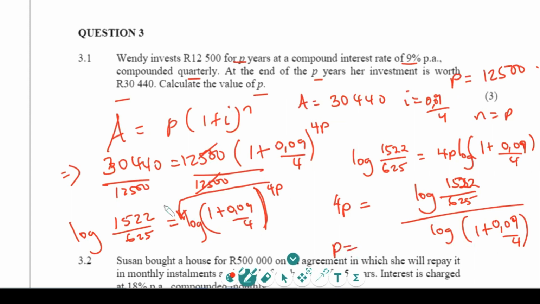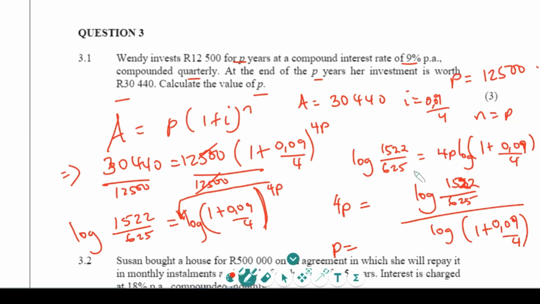just a moment, let's do that. So the log of 1522 over 625, I'm dividing it by the log of 1 plus 0.09 over 4.